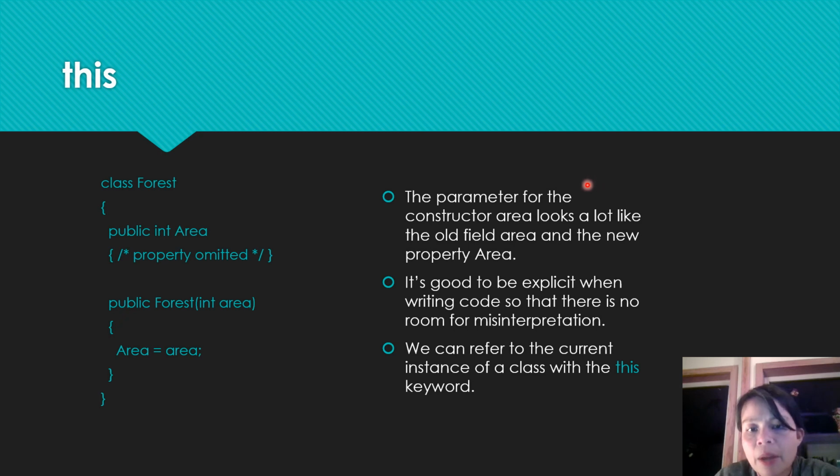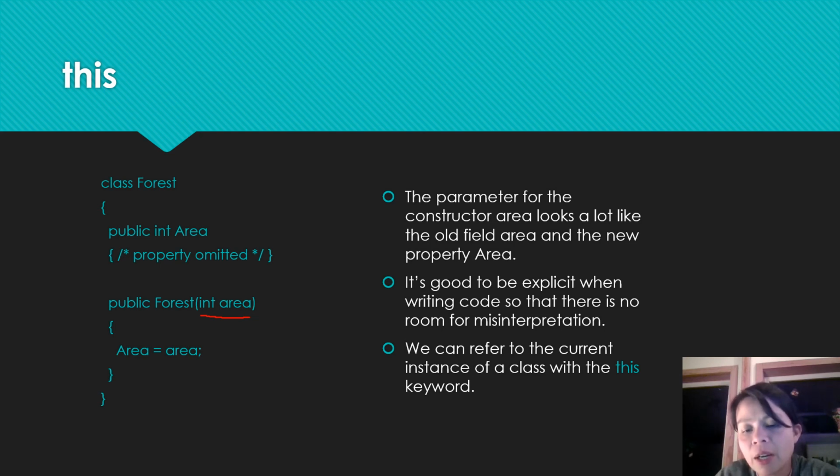The parameter for the constructor, area, looks a lot like the old field area and the new property area. It's good to be explicit when writing code so that there's no room for misinterpretation.